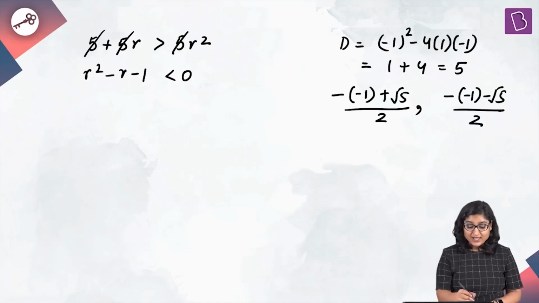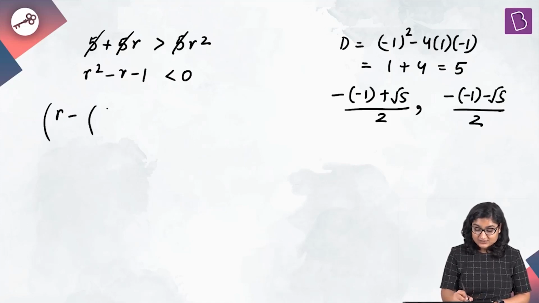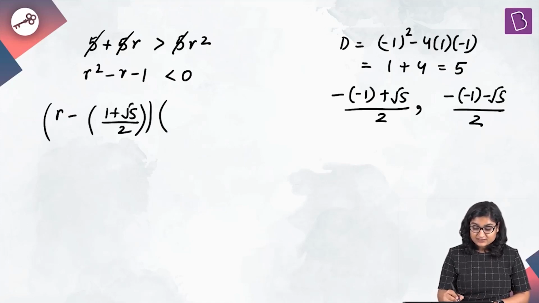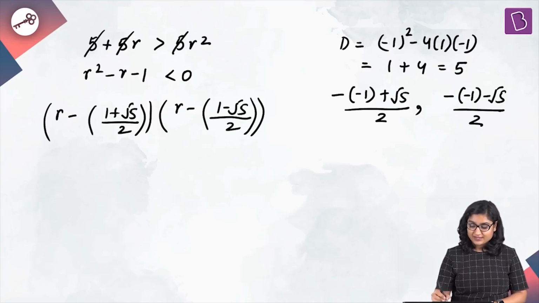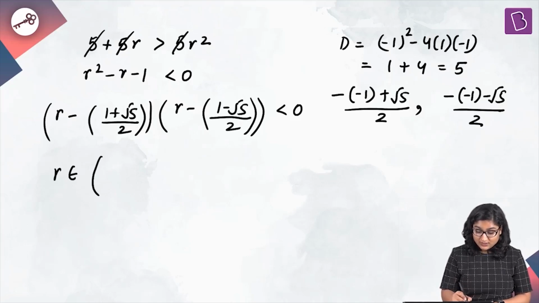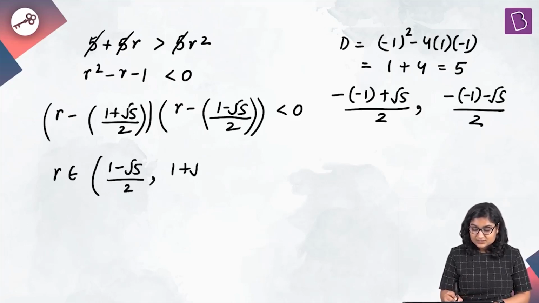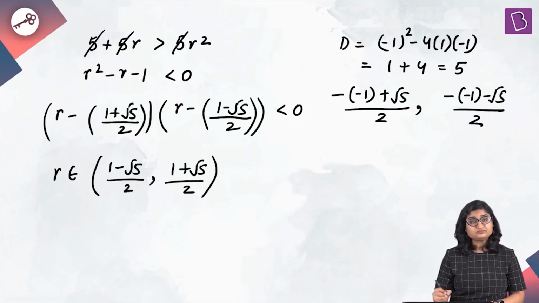That means one factor is going to be r − (1 + √5)/2, and the other factor is going to be r − (1 − √5)/2, and the product of these two factors is less than 0. That means r belongs to the interval ((1 − √5)/2, (1 + √5)/2).